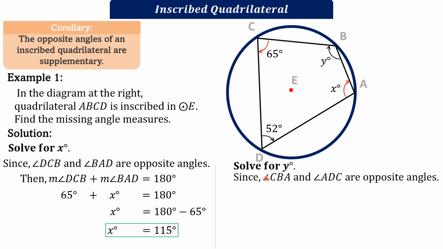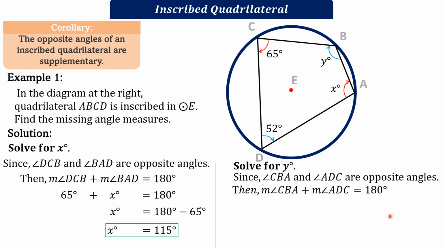Next, let's solve for y. Angle CBA or ABC is opposite to angle CDA or ADC. Since they are opposite, their sum is equivalent to 180. Applying the same concept, we have the measure of angle CBA plus the measure of angle ADC is 180.